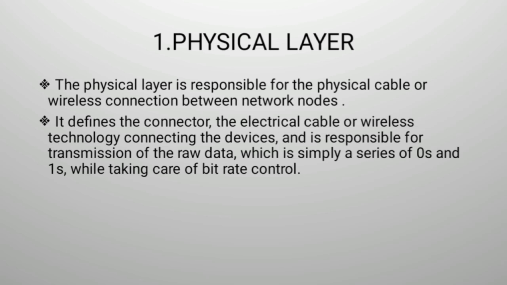It defines the connector, the electrical cable or wireless technology connecting the devices, and is responsible for transmission of the data, which is a series of 0s and 1s, while taking care of bit rate control.